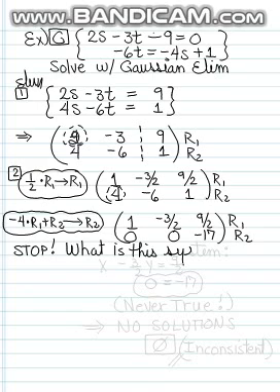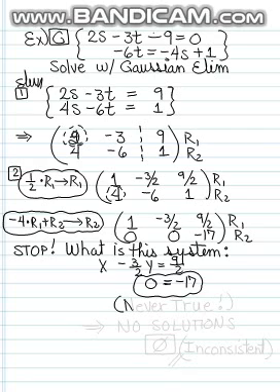So what does this look like now? Let's translate back and see what it looks like. It looks like 1 times x minus 3/2 times y equals 9/2, and 0, 0, so it's just 0 equals negative 17. So we're stuck here with this, we lost all of our variables, and that statement is never true.